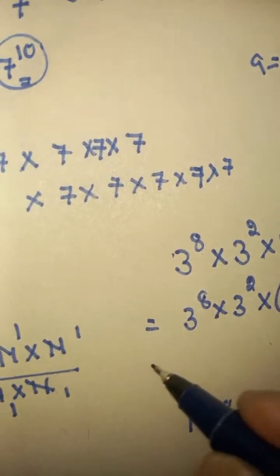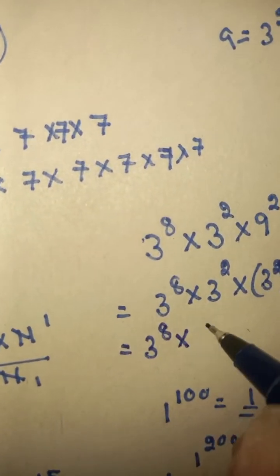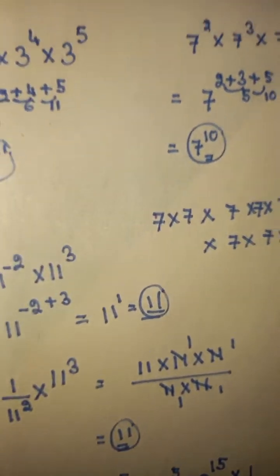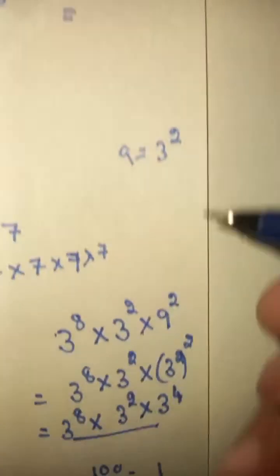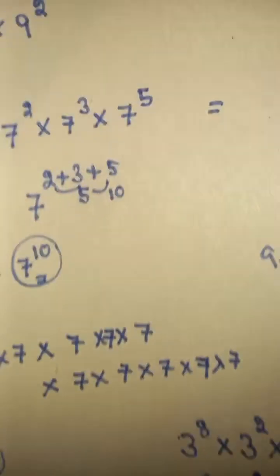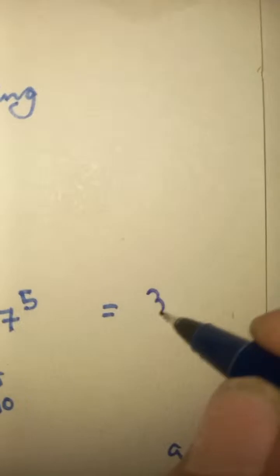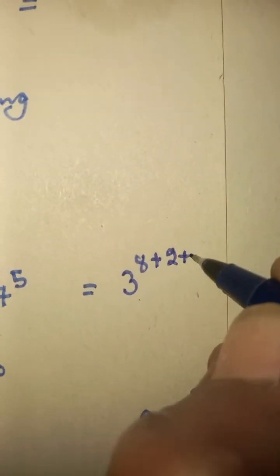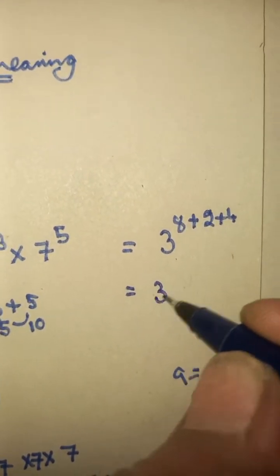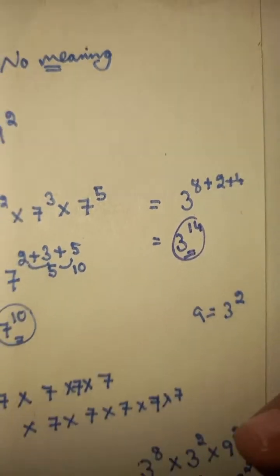So this (3 square) whole square is 3 power of 4. Taking the same problem, 3 is the common base, add up the powers: 8 plus 2 plus 4. 8 plus 2 is 10, 10 plus 4 is 14. 3 power of 14 is the final answer.